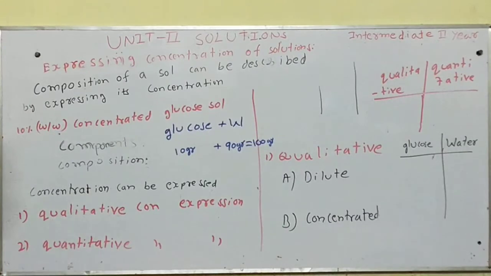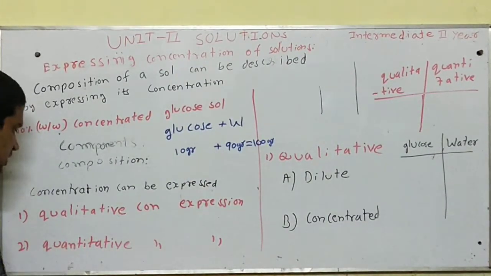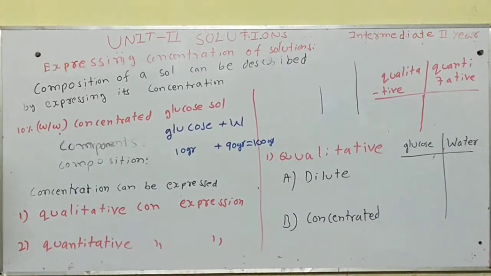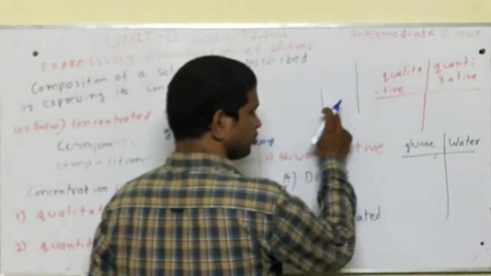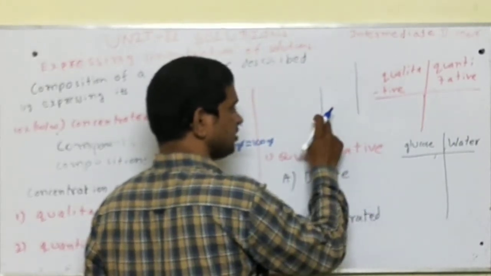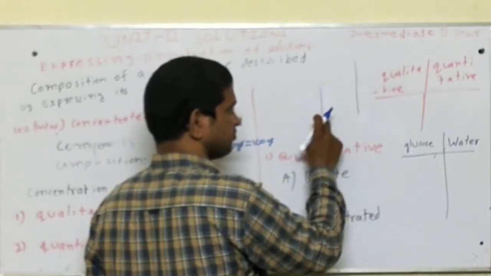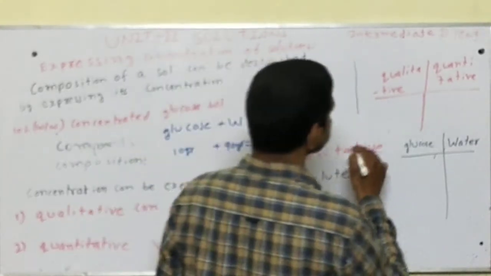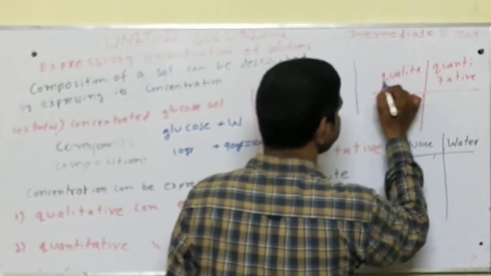This concentration can be expressed in two ways, one qualitative and the second one quantitative. See here, when compared to these two lines, the second one is taller than the first one. So it says its quality.